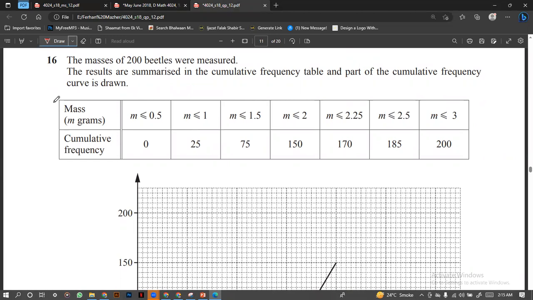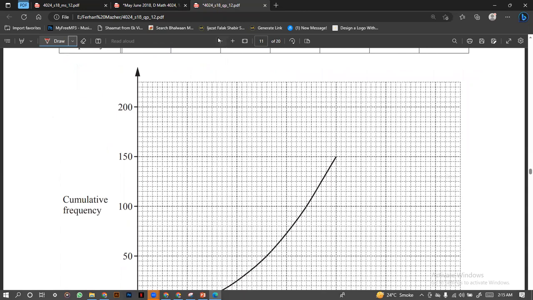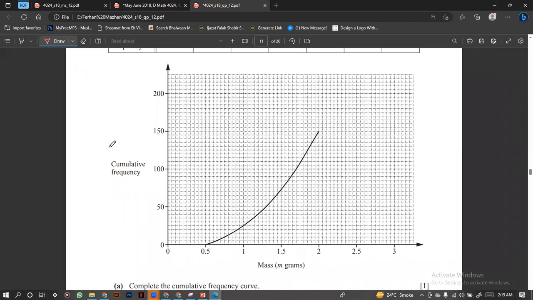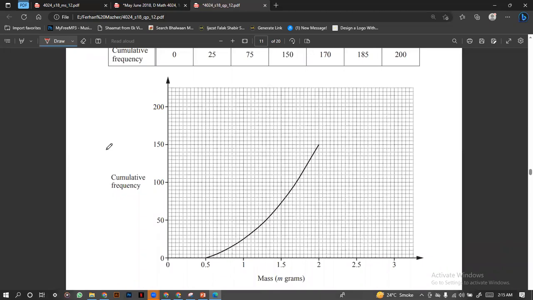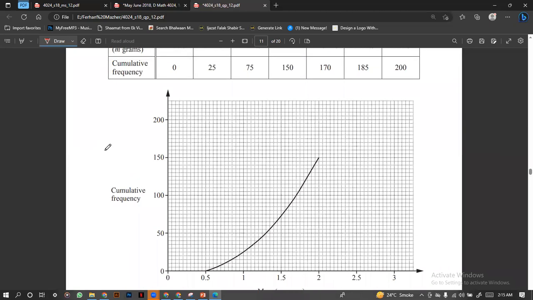So mass less than 0.5, 0; mass less than or equal to 1, 25; mass less than or equal to 1.5, 75; mass less than or equal to 2, 150; mass less than or equal to 2.25, that's 170; mass less than or equal to 2.5, that's 185; and mass less than or equal to 3, that is 200. So then they say the cumulative frequency is already drawn for you in part, and the remaining you have to draw yourself.